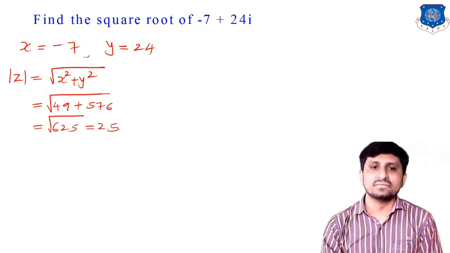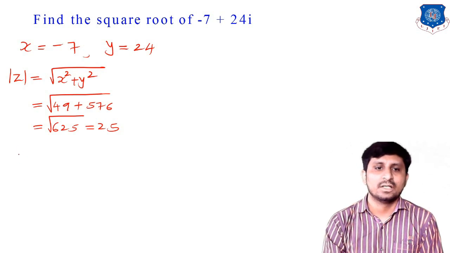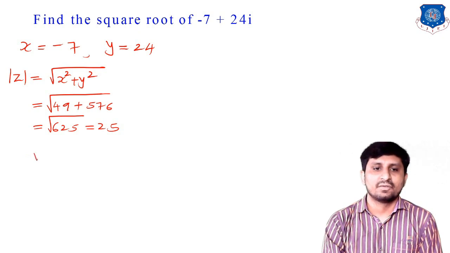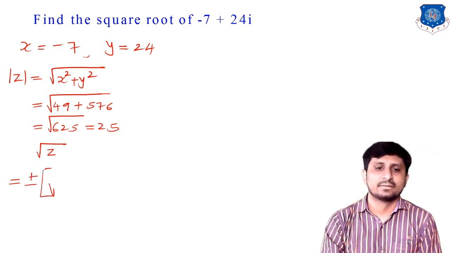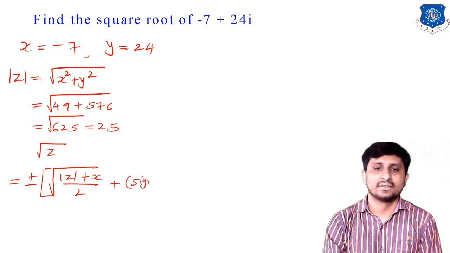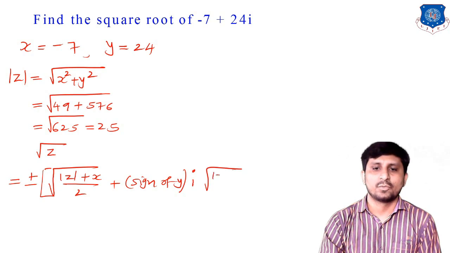Clear? Now what is the formula to find the square root of minus 7 plus 24i? If you want to find the square root of z, that is equal to plus or minus in brackets square root of (mod z plus x) divided by 2, plus sign of y, into i, square root of (mod z minus x) divided by 2.